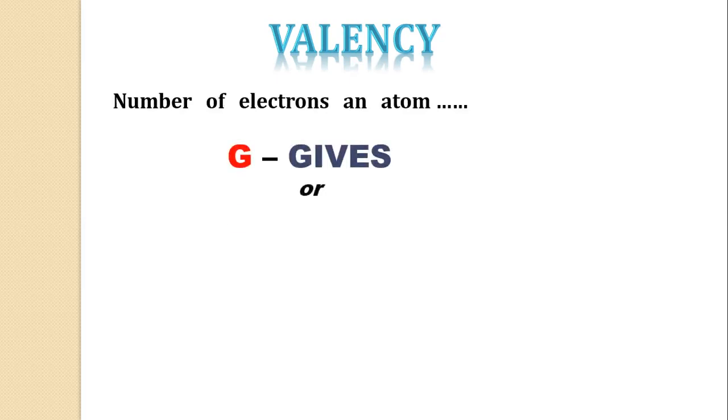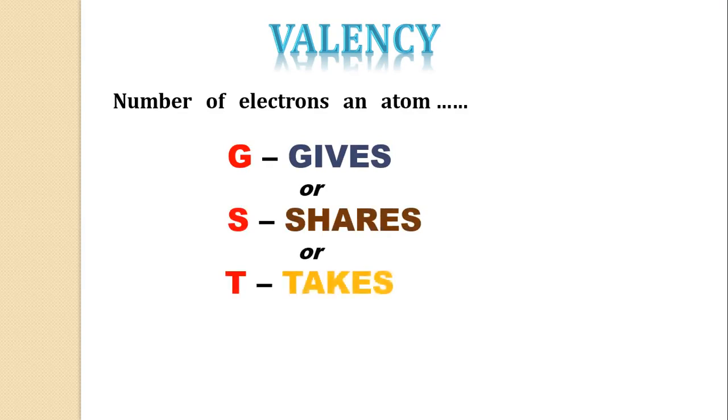The number of electrons that an atom gives, shares, or takes in order to become stable is called the valency of that element or valency of that atom. So students, sodium is 2, 8, 1. What will sodium do? It will give 1 electron. So that is the valency of sodium.